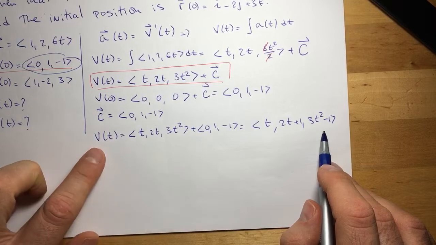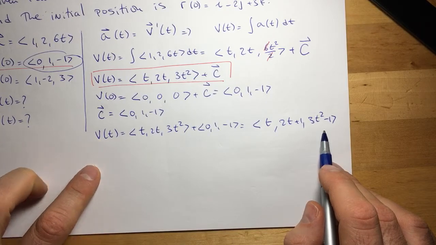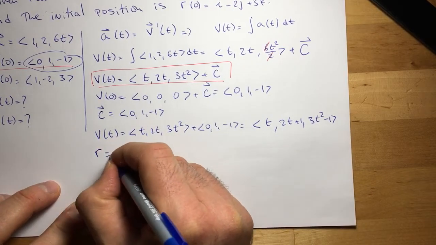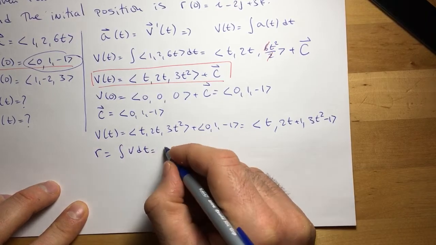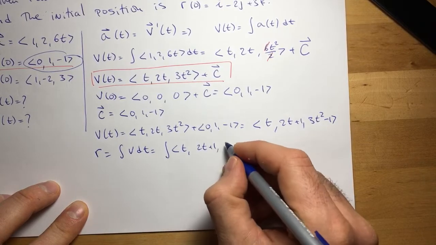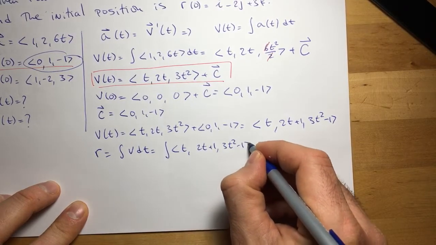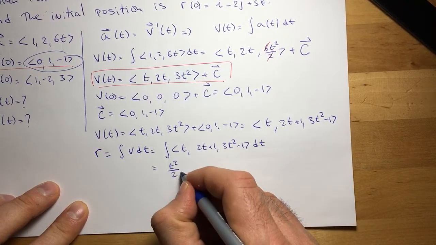By the same logic, if v is equal to r prime, then r is equal to the integral of v dt. So that's the integral of ⟨t, 2t plus 1, 3t squared minus 1⟩ dt, which is equal to t squared over 2.